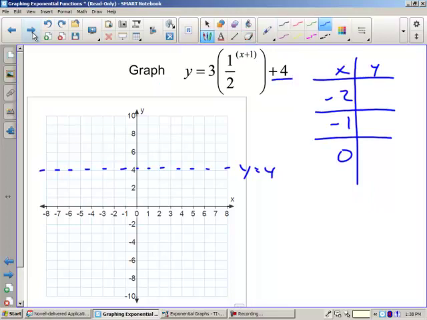When I put in a -1, I get 3 times 1/2 to the 0 plus 4. Okay, 1/2 to the 0 is 1. So I get 3 times 1 plus 4, which is equal to 7. Okay, so the first number I'm going to get is -1, 7.